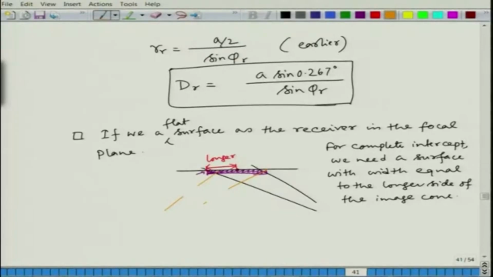So, the other end interception will be at this edge. Okay. So, basically if we have the longer side width, it will cover the complete range. Okay. So, what is the width that we need to find, right?